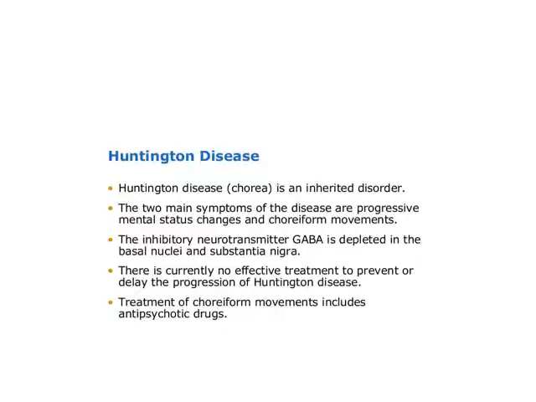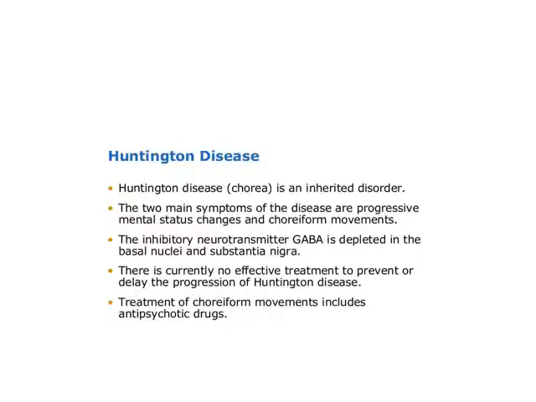So the patient has choreic movements and mental changes. The inhibitory neurotransmitter GABA is depleted in the basal ganglia and substantia nigra. So Huntington's disease occurs due to depletion of GABA in basal ganglia and substantia nigra.